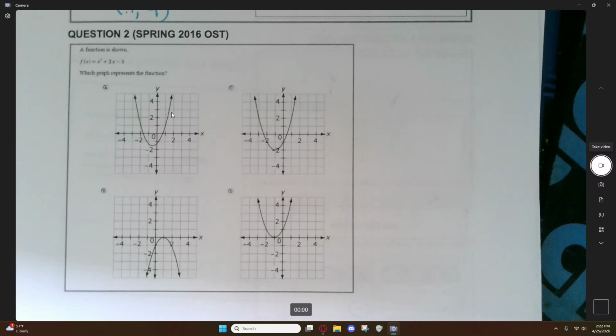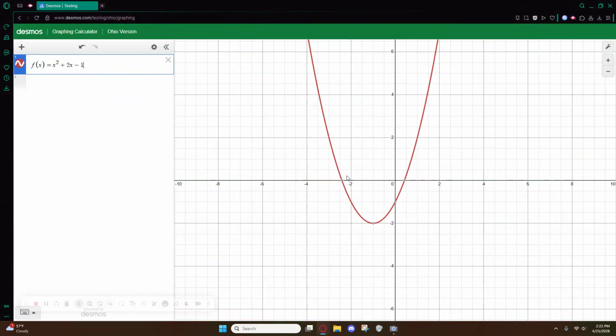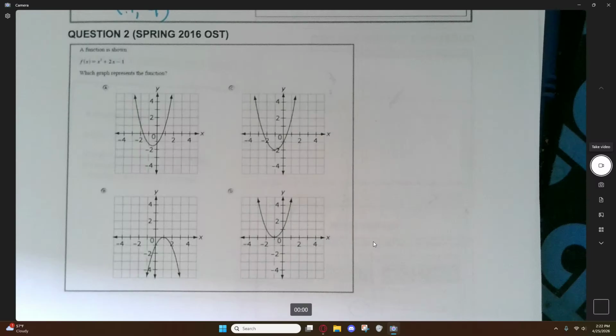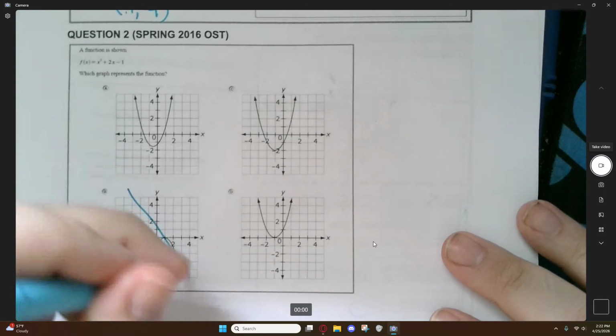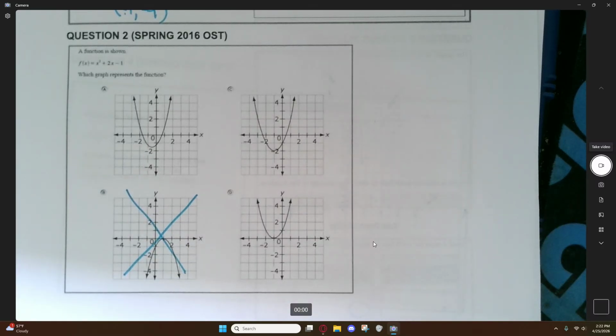And we can observe several key things that will help us determine the answer. Okay? The first thing we can observe is that your vertex is at negative 1, negative 2, and we know that this is a function that looks like a smiley face. This is a positive function, looks like a smiling face. B is a frowning face, so we know that's out.